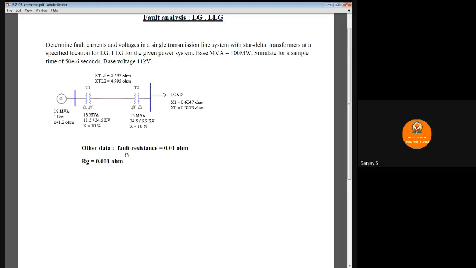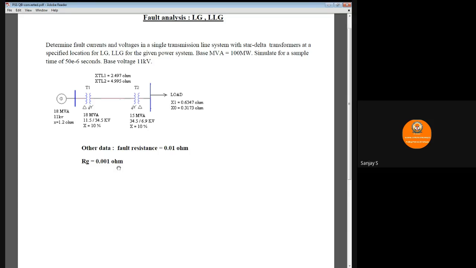Other than this, the fault resistance to be taken is 0.01 ohm and the resistance is 0.001 ohms. This system has to be simulated using the simulation package Simulink, the waveforms will be observed, and after observing the waveforms, comments must be given.